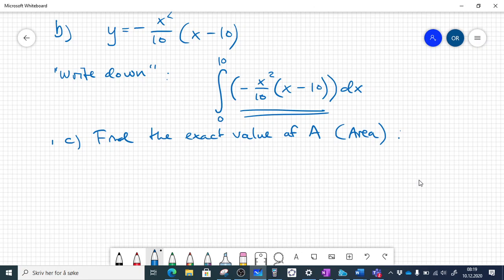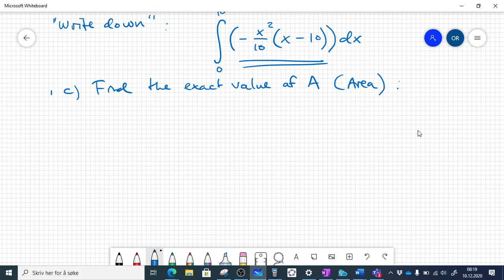So let's do that. And this will involve integration, which is the opposite of differentiation. So we have this expression here.